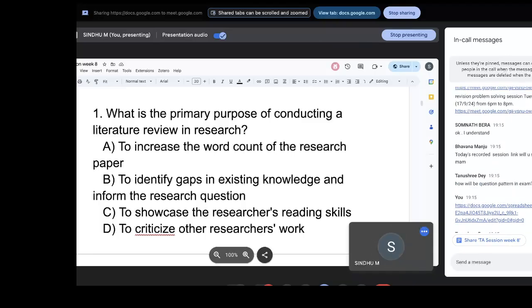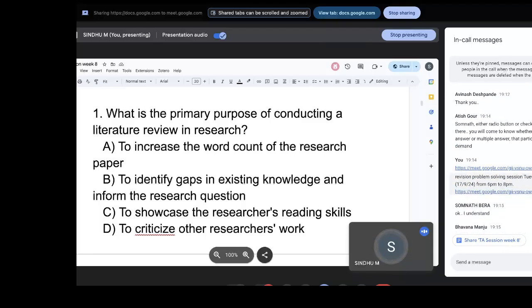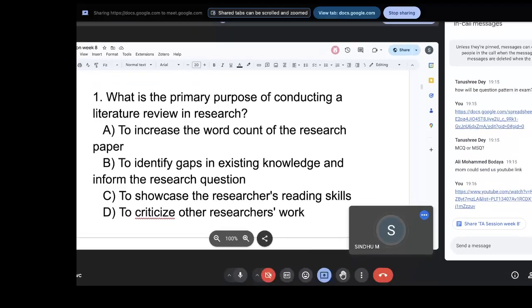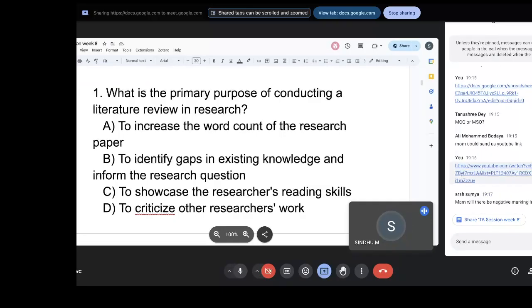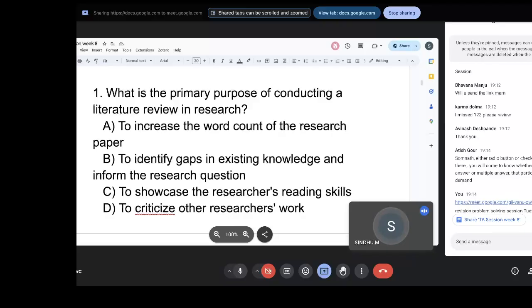Yeah, and I think there is a discussion about single answer or multi answer, correct? Specifically for each question it won't be mentioned if it is single option or multi option, but it has been discussed in the chat box that at least for the assignments, if there are round boxes, it is a single correct option and only that option you can select, but for multiple correct answers, check boxes will be there, and there you can select more than one option.